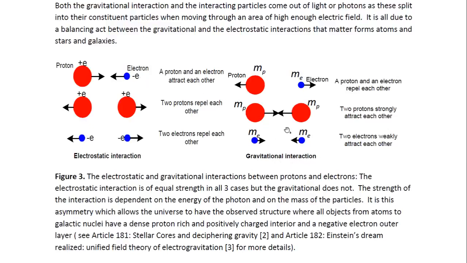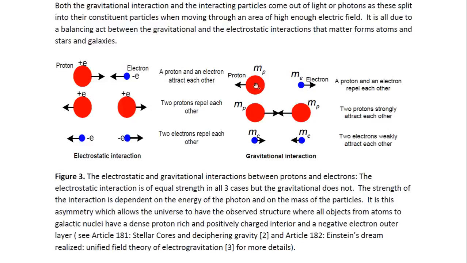Now in the gravitational interaction, the proton is repelled by the electron. Two protons attract and two electrons attract. But the interaction between electrons is extremely weak, and the interaction between protons is extremely strong, especially if they're very close to each other.